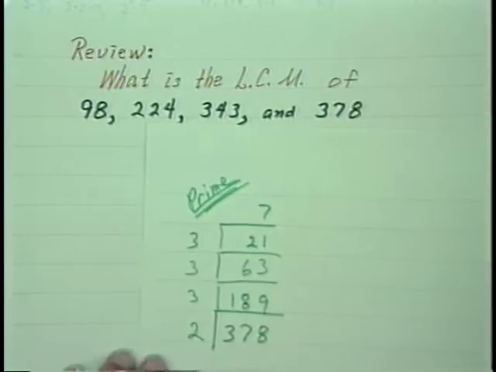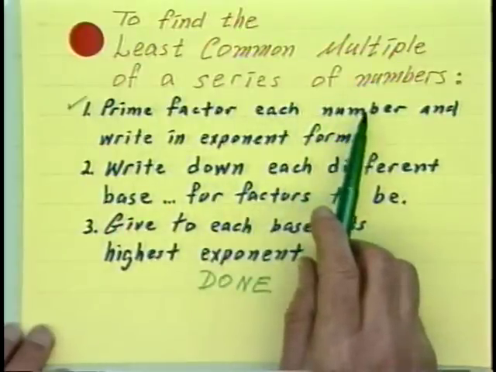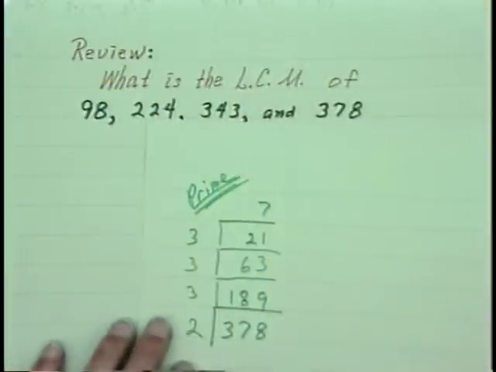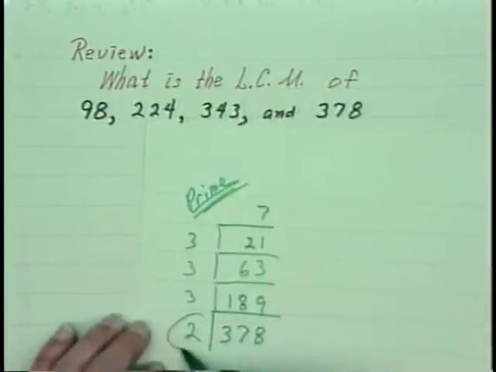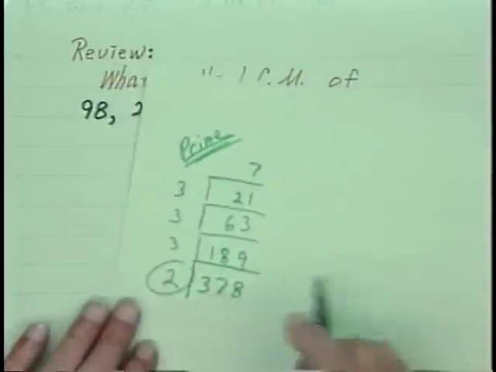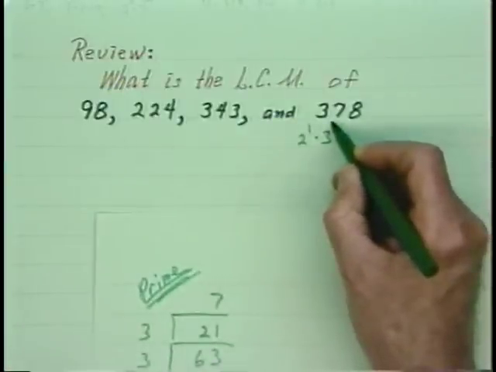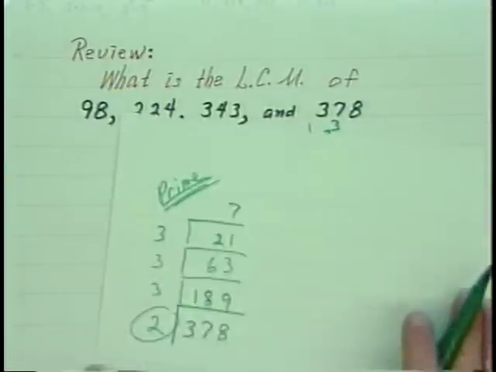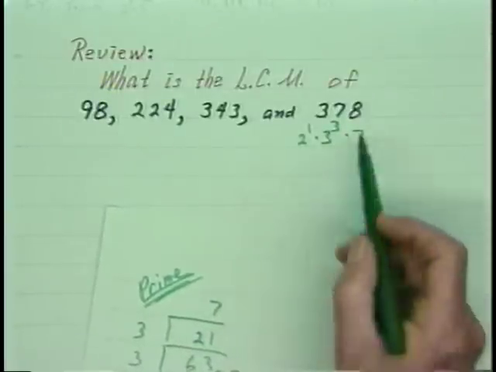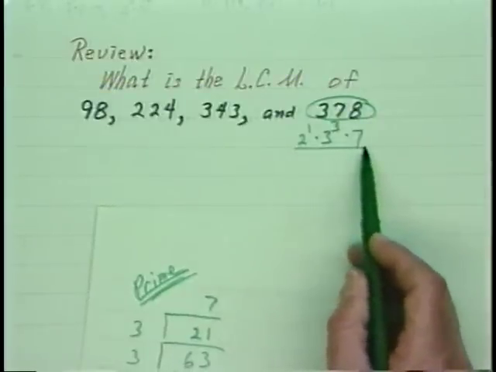So now our step was to prime factor. We have done that. And write in exponent form. So we have 1 2 factor, so it's 2 to the first, 3 factors of 3, so 3 to the third power, or 3 cubed, and 1 factor of 7. So we have prime factored 378 and written it in exponent form.